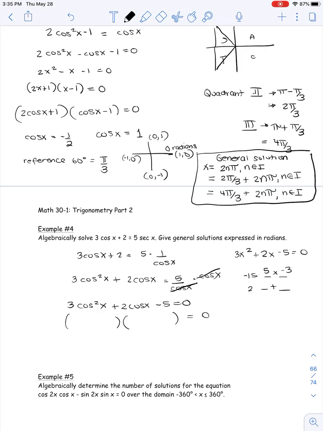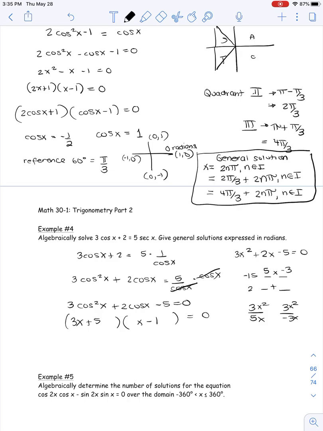So then the way I like to factor is I like to always take the leading coefficient, write it out twice with the variable. So in this case, my variable is x squared over the numbers you just found, which were 5 and -3. So with these values, I know that one factor is going to be 3x plus 5, and the other one is going to be just x minus 1.